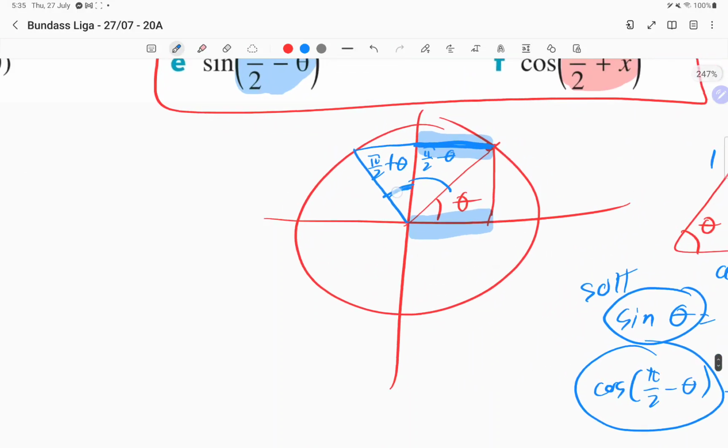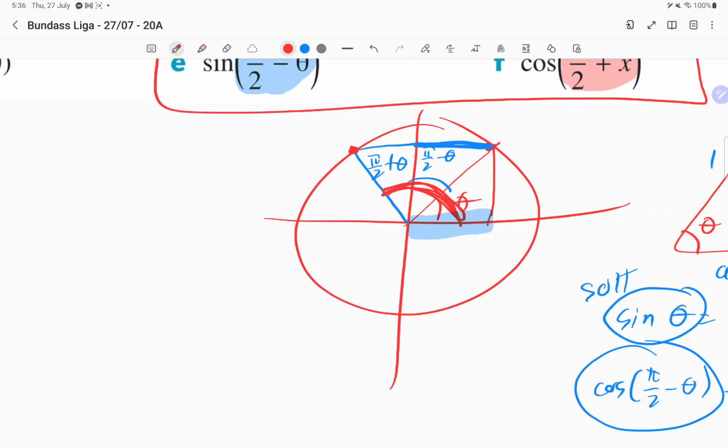And note that cos of this angle, because it's in a unit circle, would be the length of that side there over the hypotenuse, which is always 1 in a unit circle. Does it make sense? Actually, the angle pi over 2 plus theta would be this whole thing here.